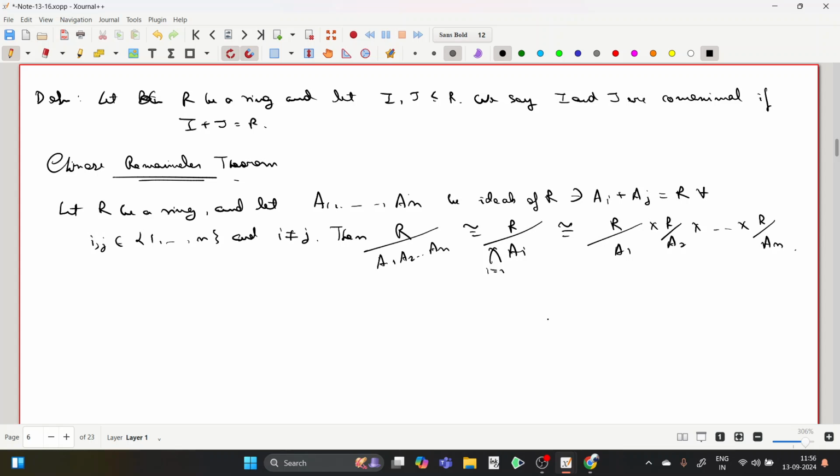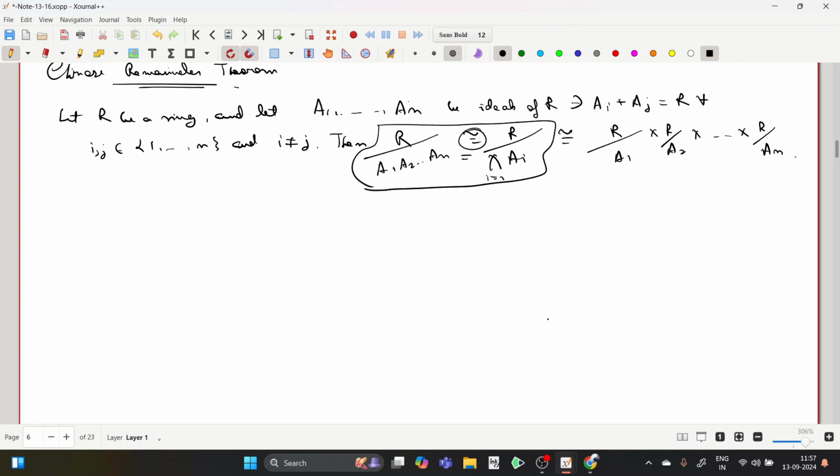Now this I can actually frame as an equality. I don't even need an isomorphism in this case. I can mean this to be equal, because of a slight observation: if A1 and A2 are co-maximal, then A1A2 equals A1 intersection A2.